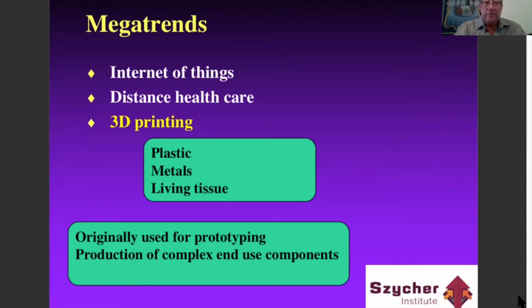So 3D printing has come a very long way. Originally, it was used only for prototyping. Now it is being used more and more for the production of complex end-use components. So if you're in the 3D printing industry, you're probably a disruptive innovator.